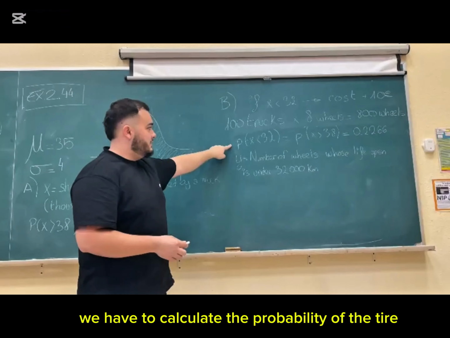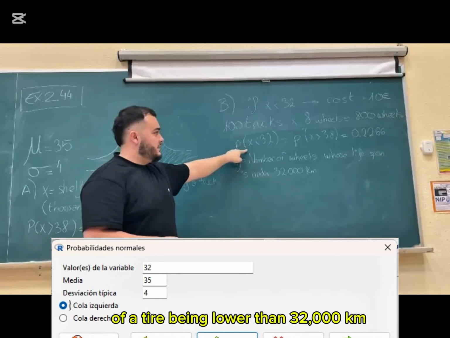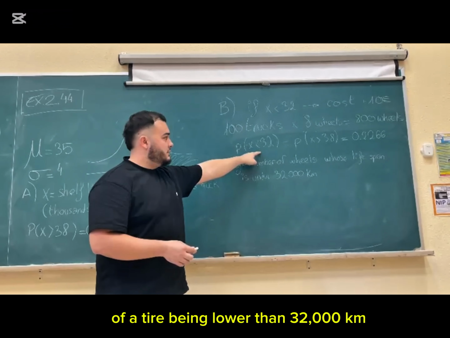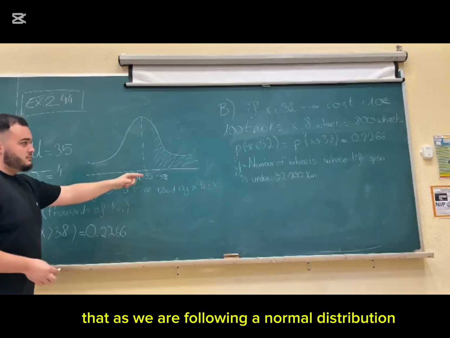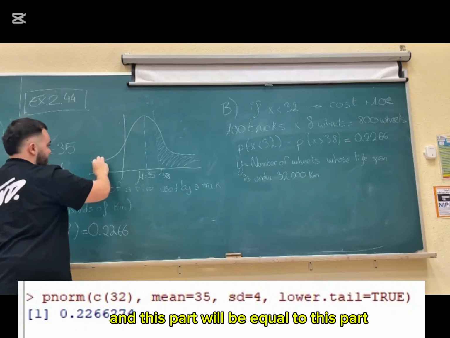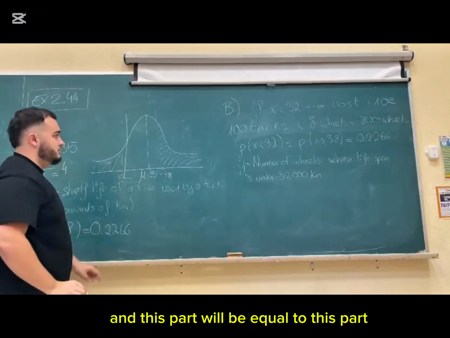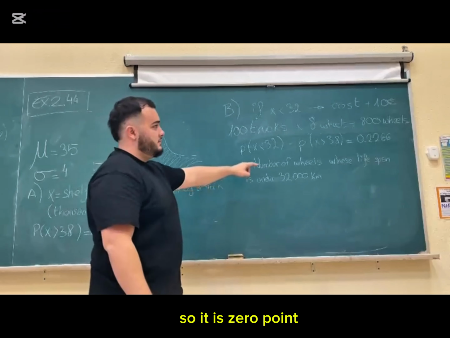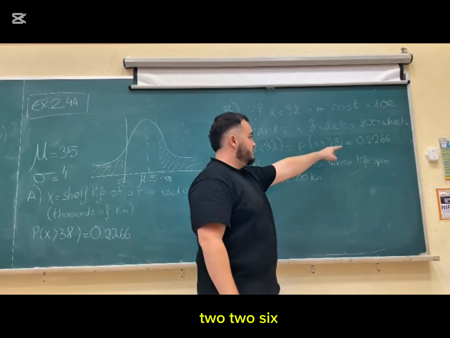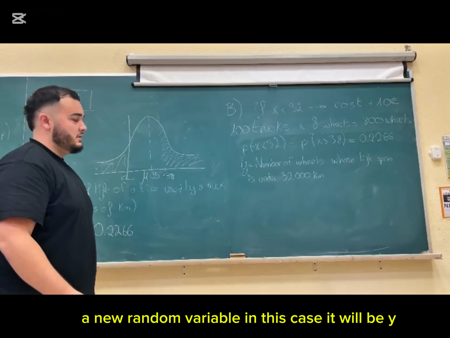We have to calculate the probability of a tire being lower than 32,000 kilometers. As we are following a normal distribution, it is perfectly symmetric, and this part will be equal to this part. So it is 0.2266.